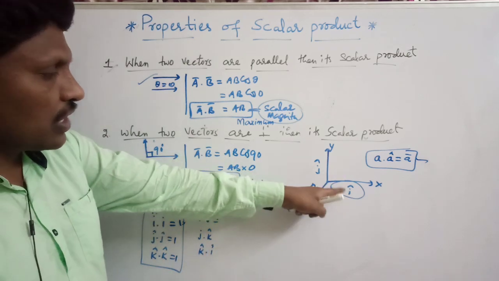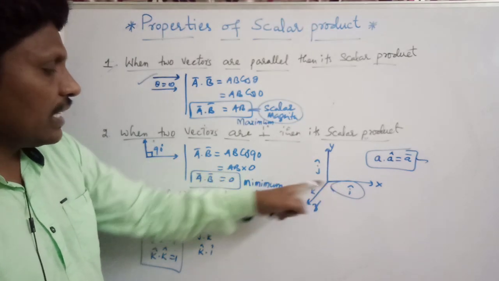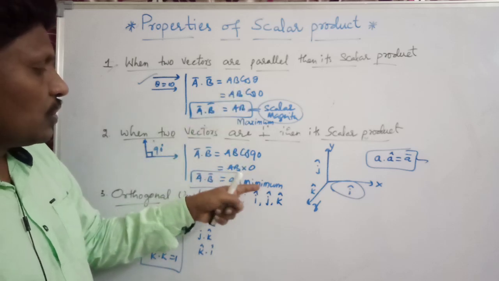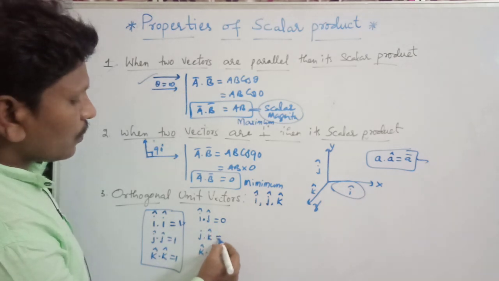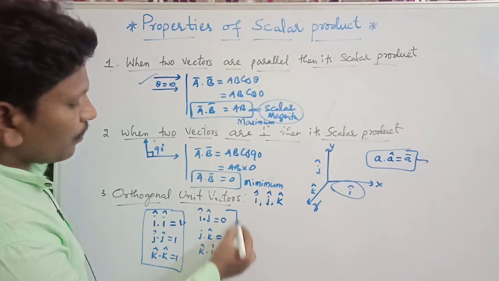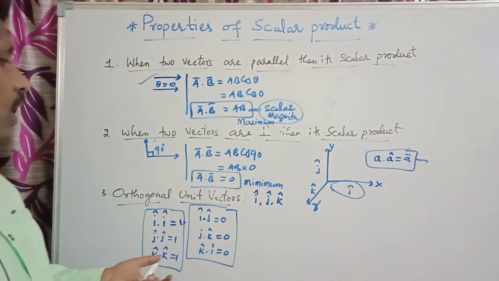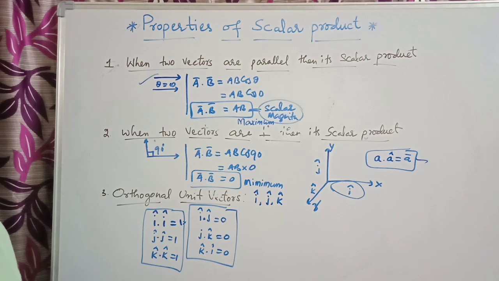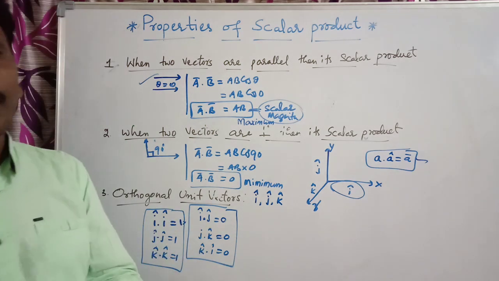If normal to each other, the angle is what? 90. If the angle is 90, we have to apply cos 90. So cos 90 is how much? 0. The result is 0. So it gives 0, 0 and 0. These are the orthogonal unit vectors for the scalar product. Okay. So the remaining 4 properties are there, that we are going to see.